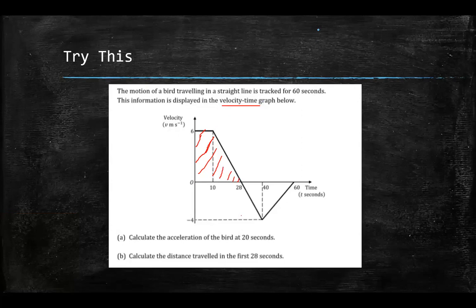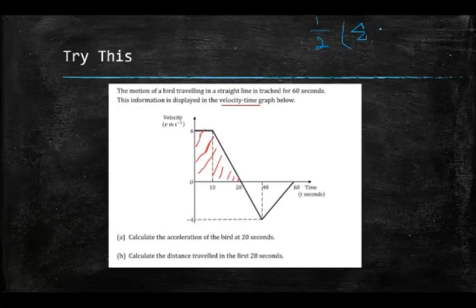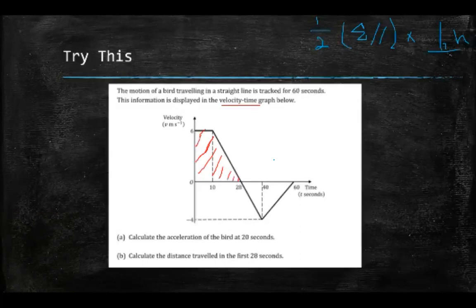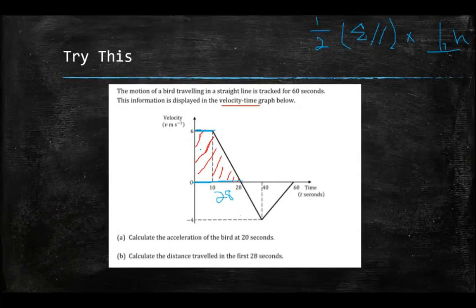Trapezium. So I can use the formula: a half the sum of, this sigma notation means sum of, the parallel sides by the perpendicular height. Parallel sides, I'm referring to this and this. So 0 to 28, this is 28.